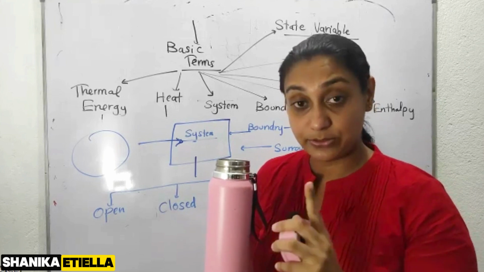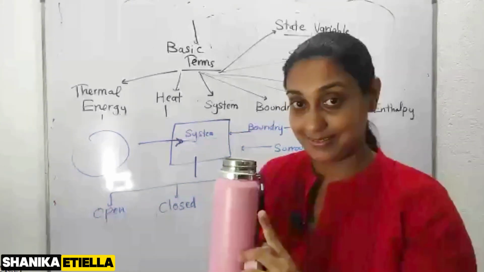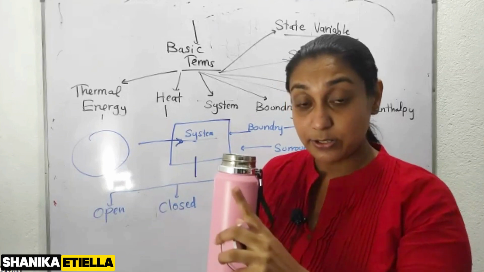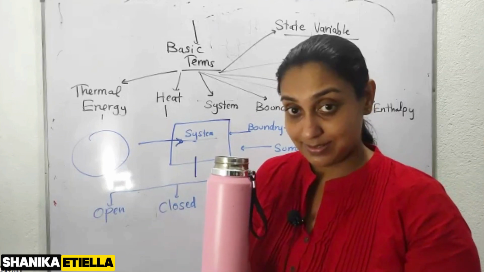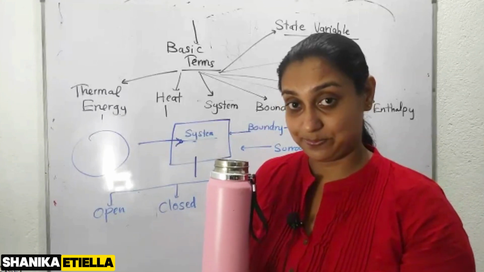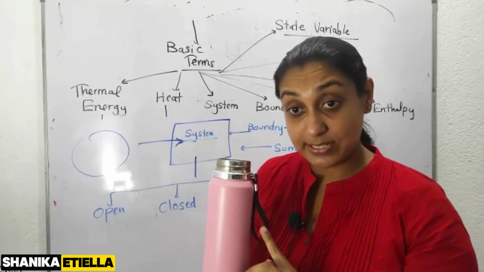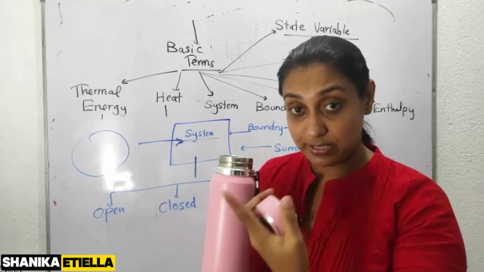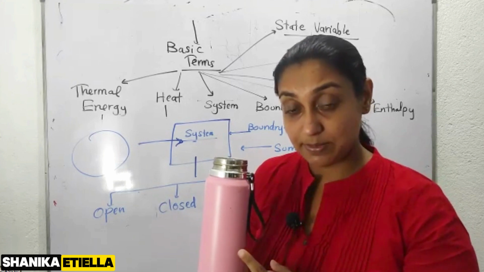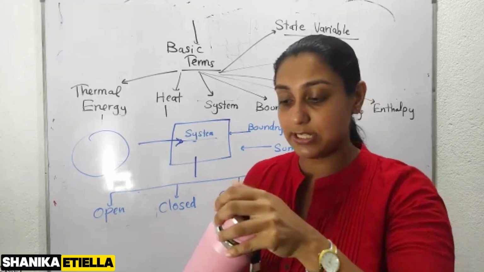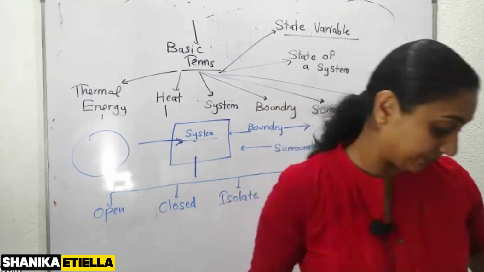Think of tea without any lid. If you have tea with you without any lid on top of the mug, right? That is an open system. It can exchange water vapor with the surrounding and at the same time energy with the surrounding. So open systems can exchange both energy and matter.